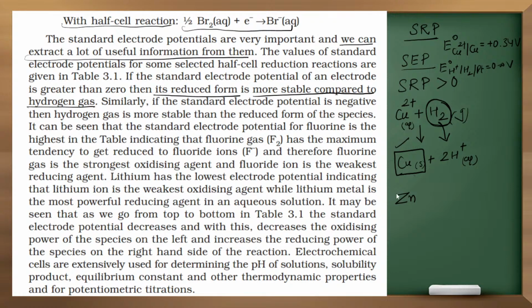Now come to zinc. Its reduction potential value is minus 0.76. Obviously, in the presence of hydrogen, zinc gets oxidized because its reduction potential is low. So zinc in the presence of H plus ions, zinc is oxidized and hydrogen is reduced.